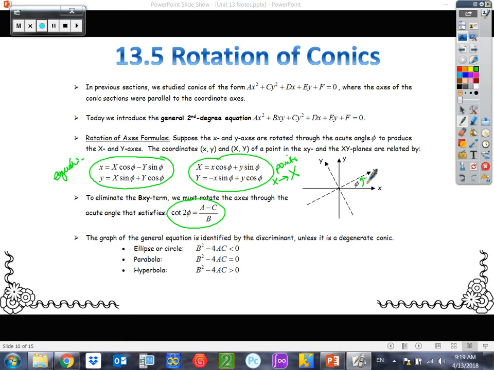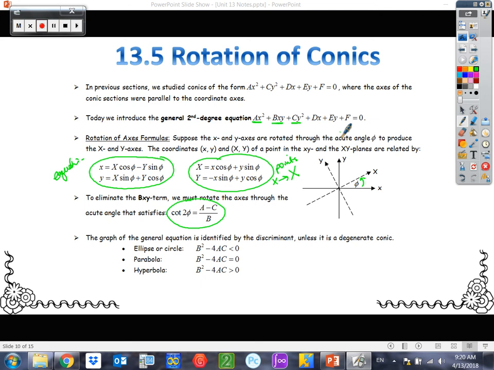So cotangent of 2 phi is (a minus c) over b. Please note that a is the coefficient in front of the x squared, b is in front of xy, and c is in front of y squared. It's in that exact order. When we're looking at these in general form, the x comes first. Just think of it as alphabetical order. The x squared comes first, then the xy, then the y squared.